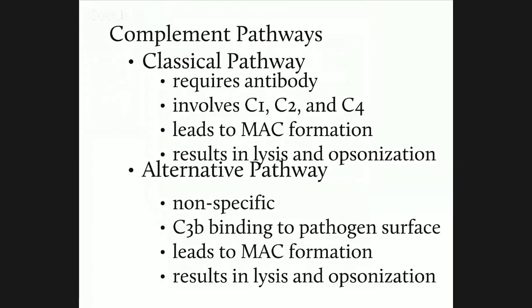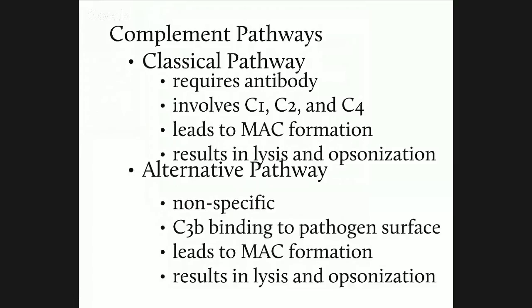So there are two pathways within complement. This text slide basically summarizes some of the things I want you to get out of this. The classical pathway, the first pathway that is described, requires an antibody to get started, which means that it's actually piggybacking onto the specificity of adaptive immunity.